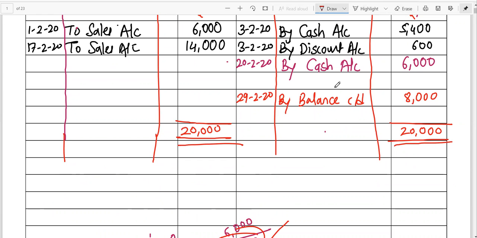Now, from your common sense, please tell me whether this balance on the last day of Feb should be transferred to the first day of March. Whether this balance on the last date of February should be transferred to the first day of March.